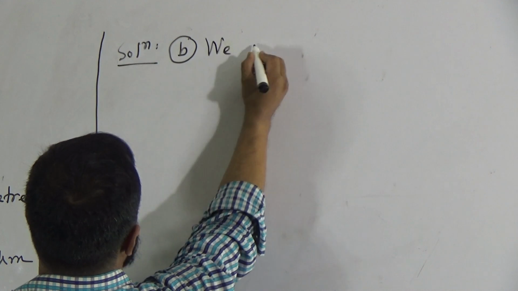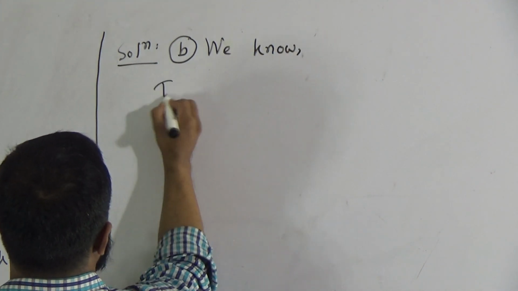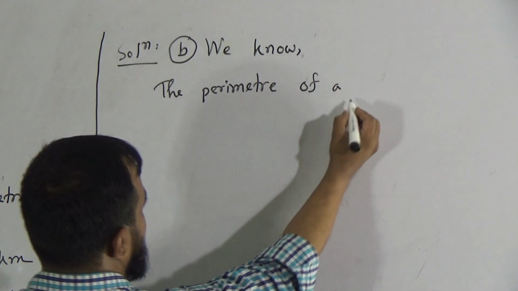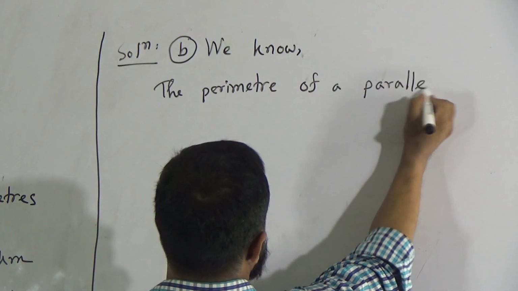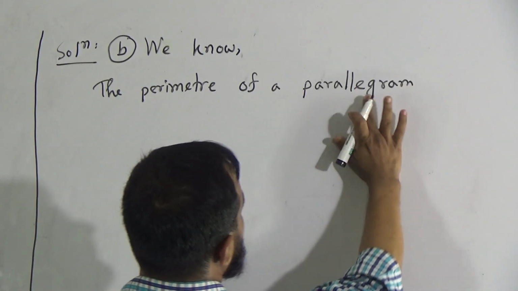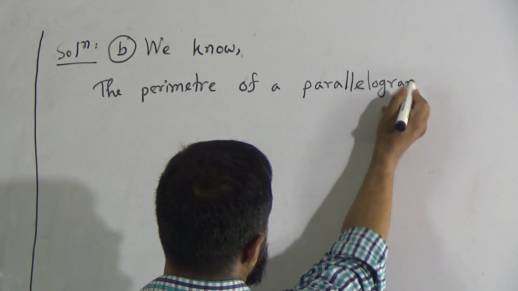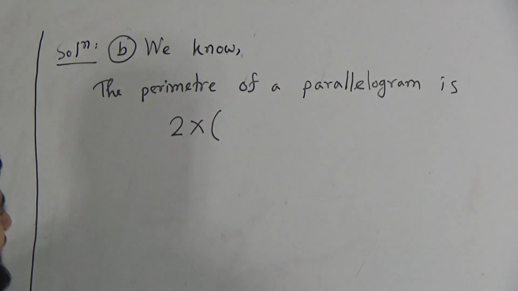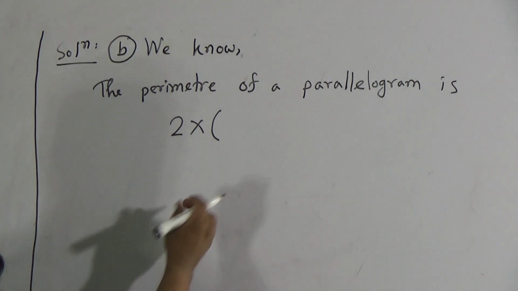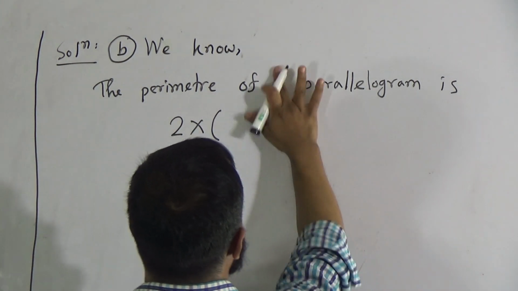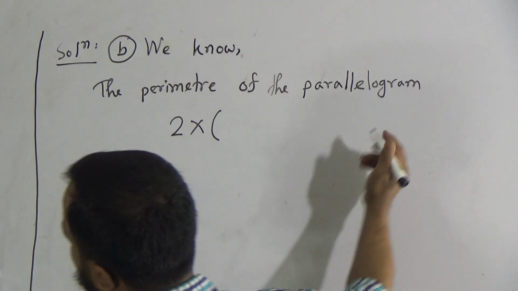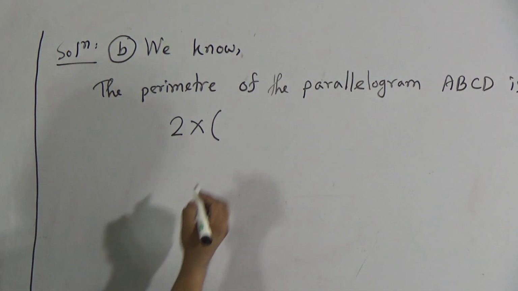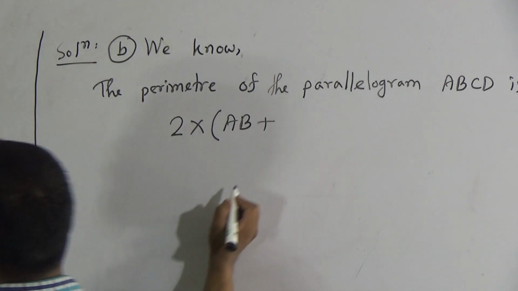We know the perimeter of a parallelogram is 2 multiply with the two sides. That means the perimeter of the parallelogram ABCD is equal to 2 multiply with AB plus AD.